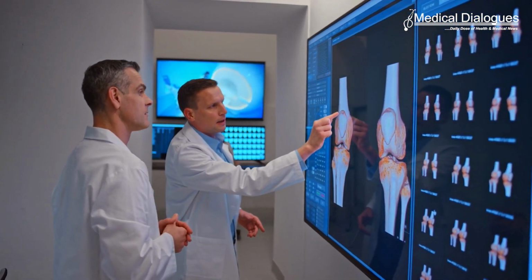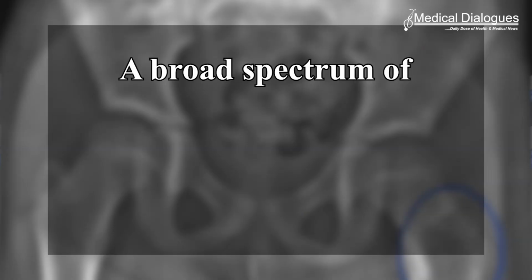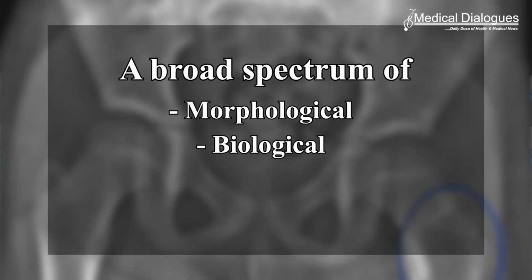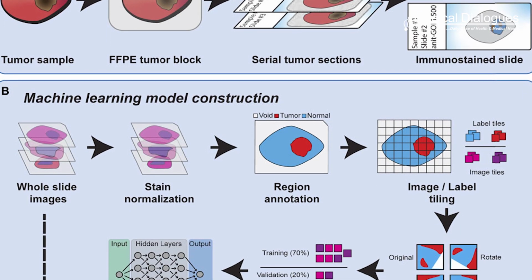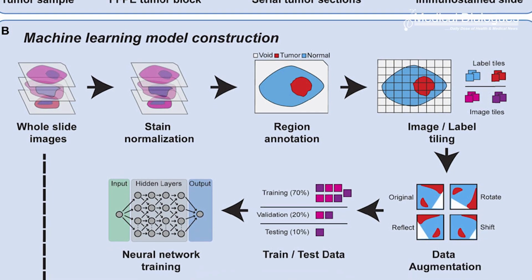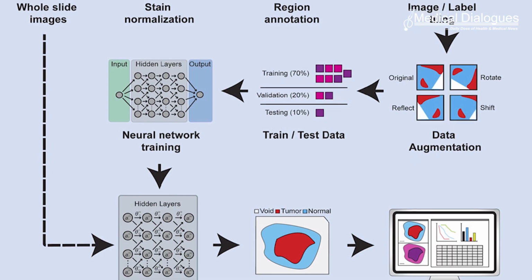Primary bone tumors are a rare and heterogeneous group of neoplasms that have a broad spectrum of morphological, biological, genetic, as well as radiological features. Appropriate imaging workup and accurate histopathological diagnosis are often considered very crucial for appropriate management and prognostication.